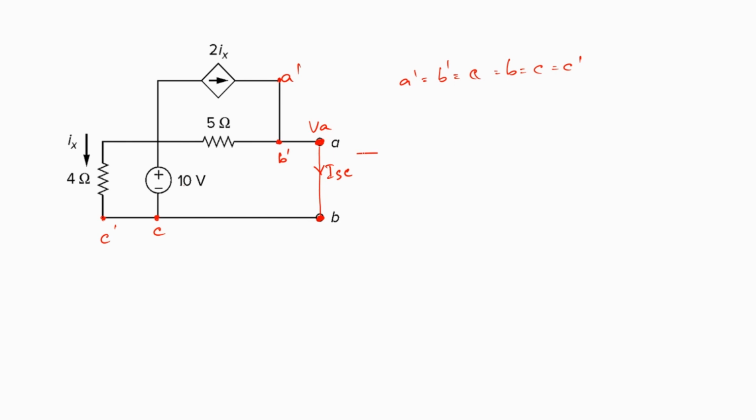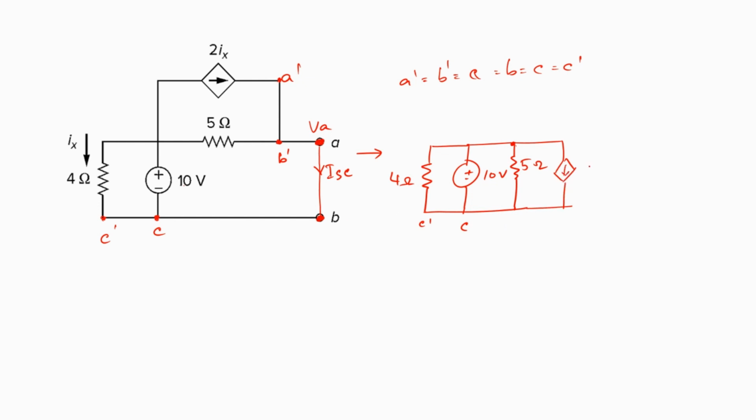So we can actually redraw this circuit as 4 ohms with the 10 volts over here. So this is C dash, this is C. Now I can draw this 5 ohms in this manner, where it is connected to B dash, which is nothing but B. So this is 5 ohms, and this is the dependent current controlled current source.